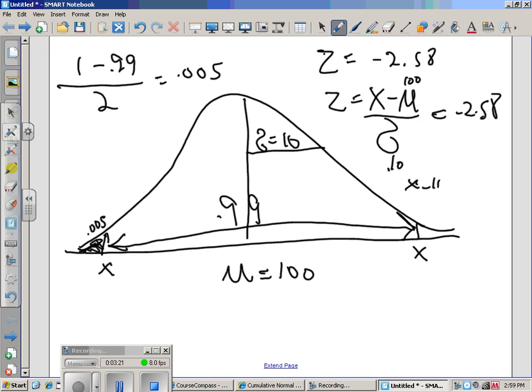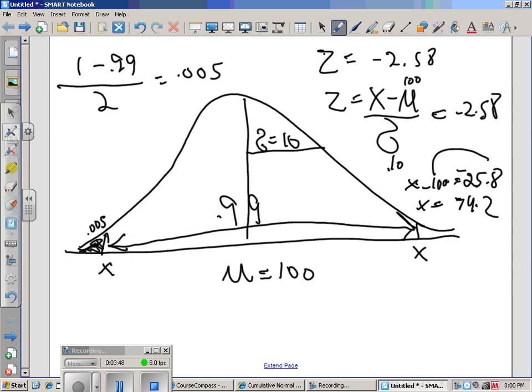x minus 100 equals negative 25.8, or bringing the 100 to the other side of the equation, x equals 100 minus 25.8, so it's 74.2.